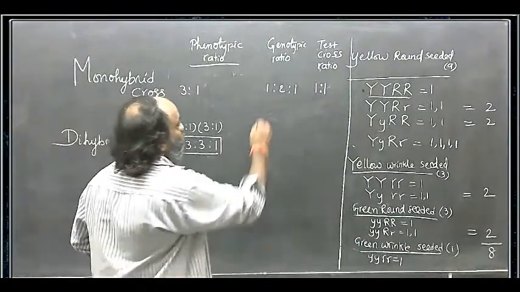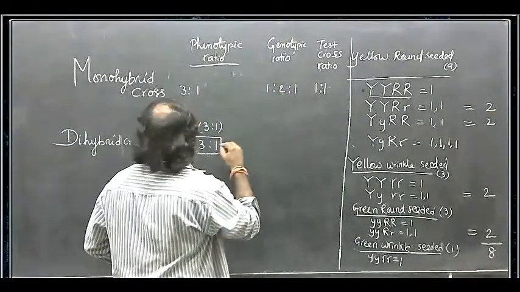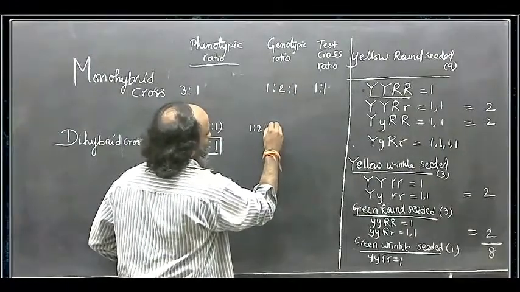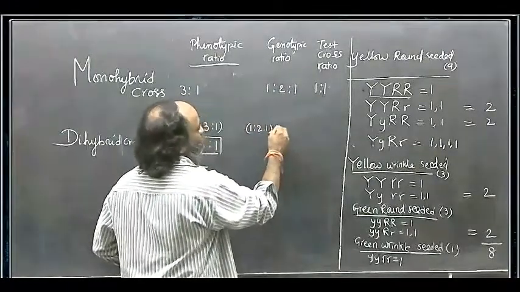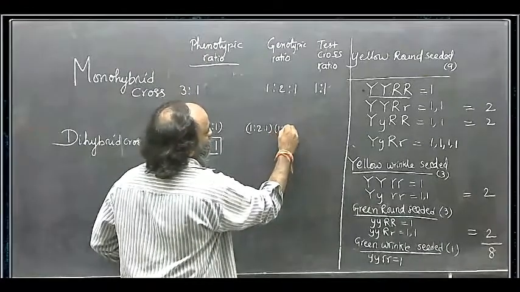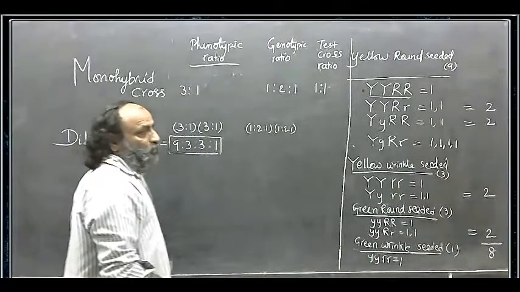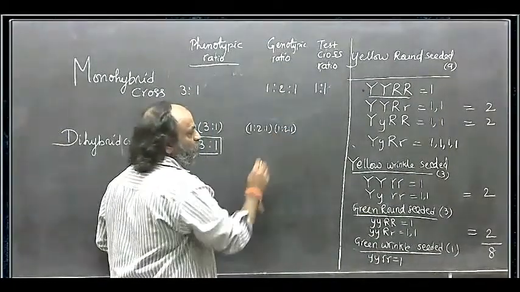And for the genotypic ratio of a dihybrid cross, it is 1:2:1 into 1:2:1.